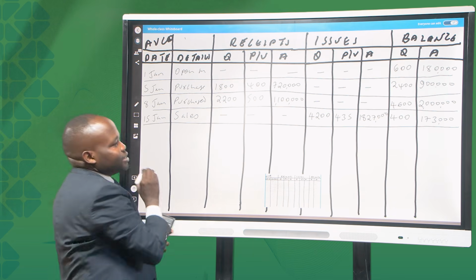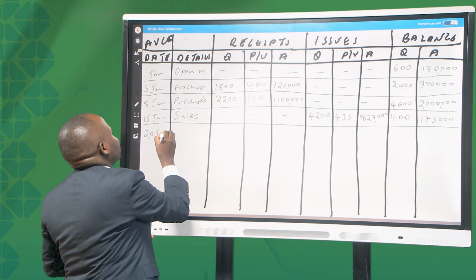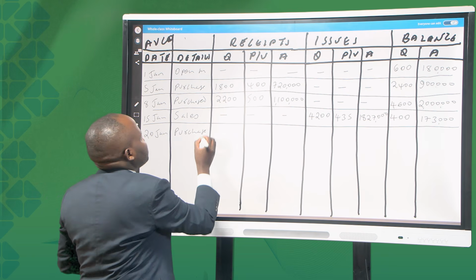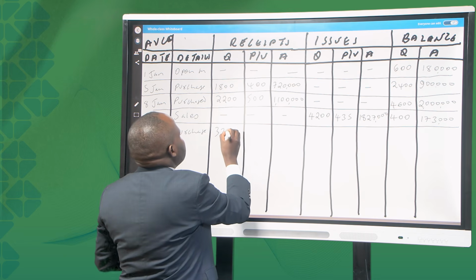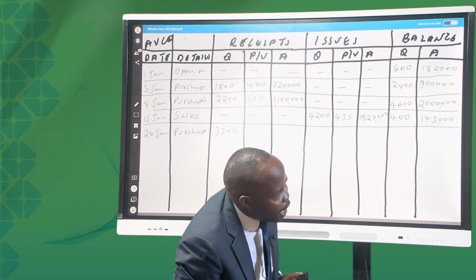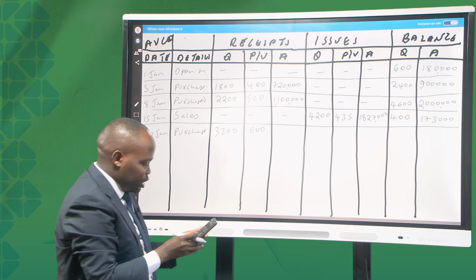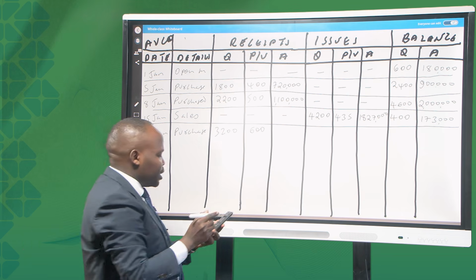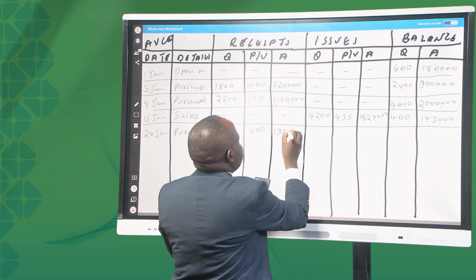We go to the next date, 20th January. Again, on this date we purchased 3,200 at a price of 600. So 3,200 times 600 gives us 1,920,000.